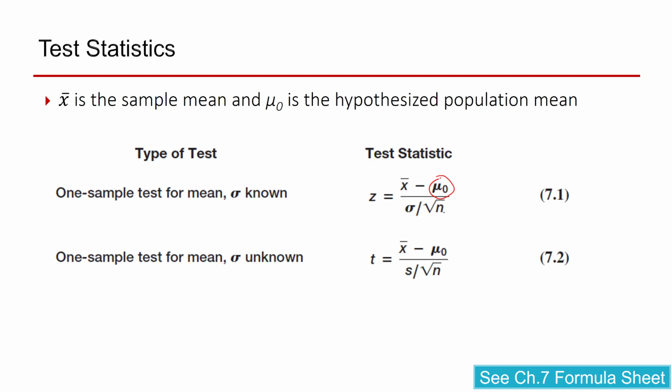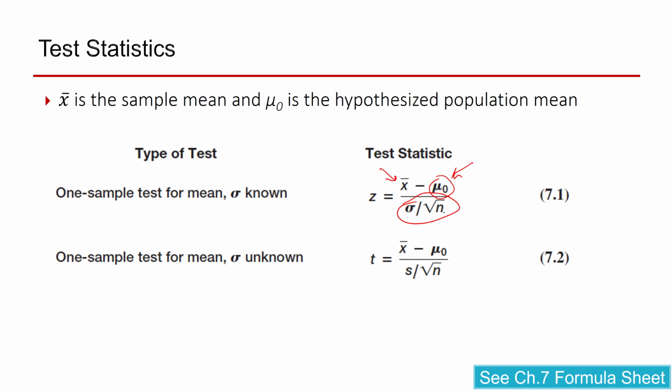So mu, the number that we're going to put in there, is going to be the null hypothesized value, the null hypothesized belief of what the true mean is. And then you just take your sample mean minus that null hypothesized belief of what the population mean is, and then divide by the standard deviation of the mean, which is sigma divided by the square root of n.